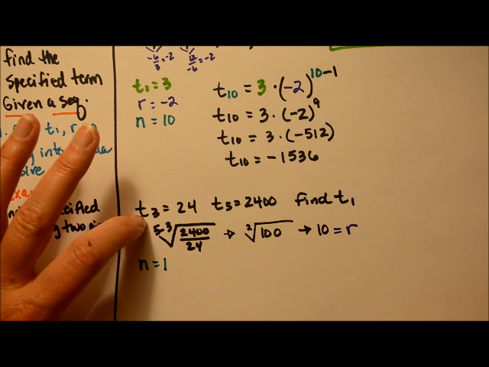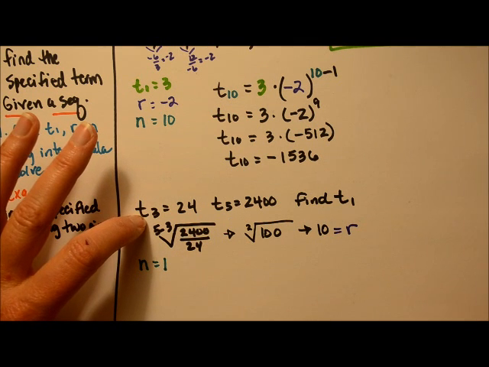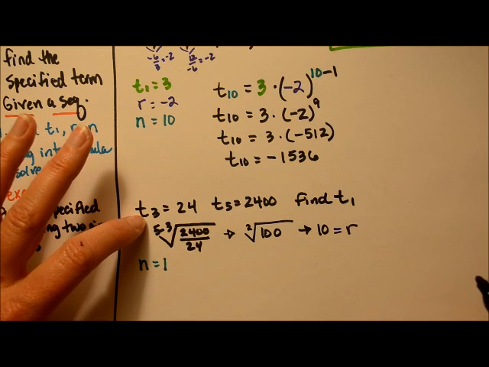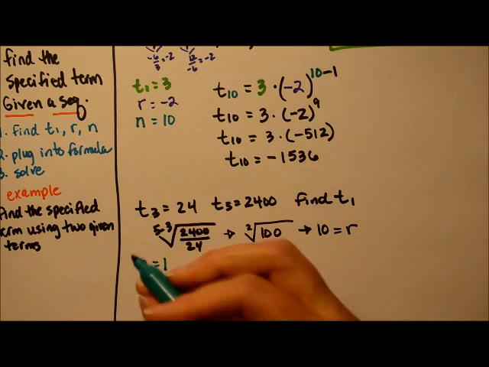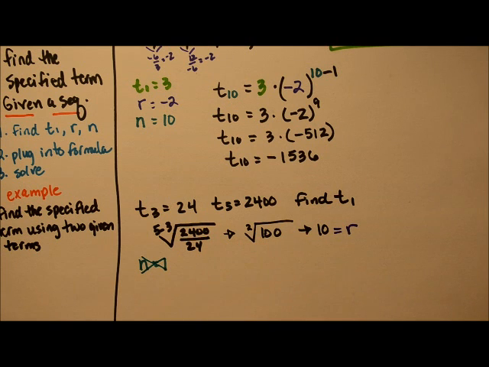I know the value for T3. So if I use T3, I think I could find T1, right? I choose not to plug in this one. I choose to plug in this one.